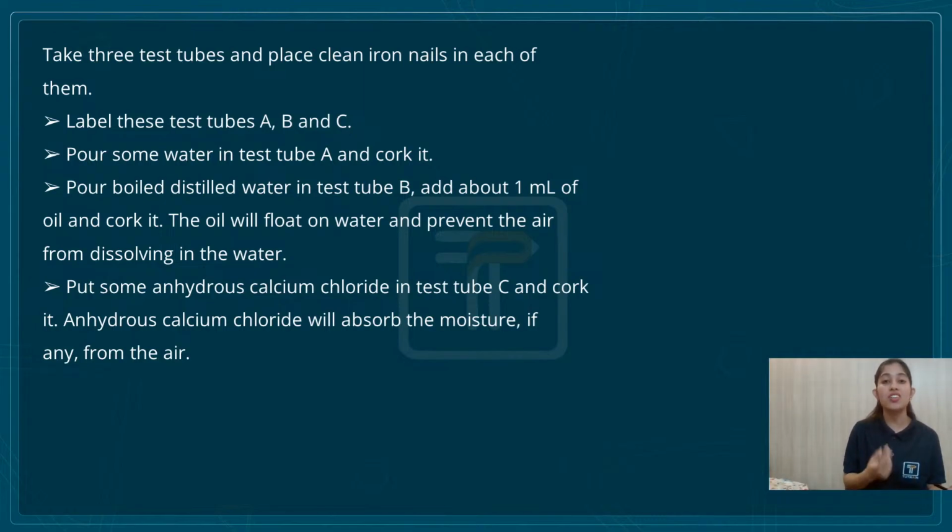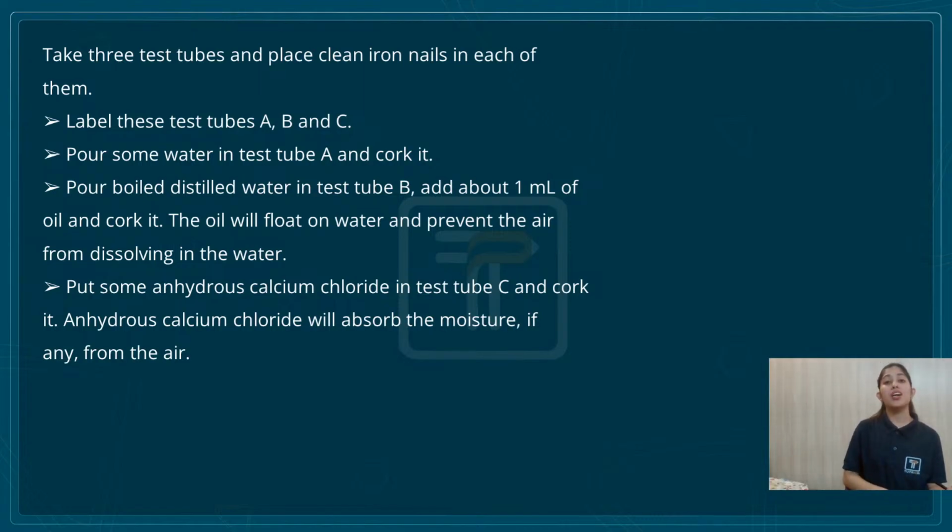What will this anhydrous calcium chloride do? It will absorb all of the moisture, right? And cork it. Anhydrous calcium chloride will absorb the moisture if there is any moisture present in air. We do this activity in 3 conditions.